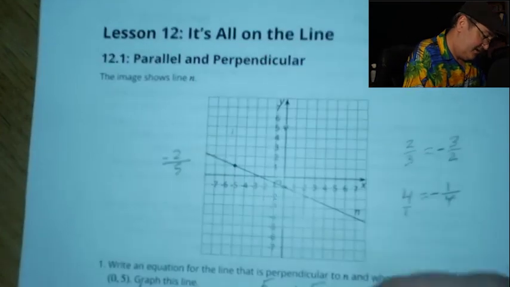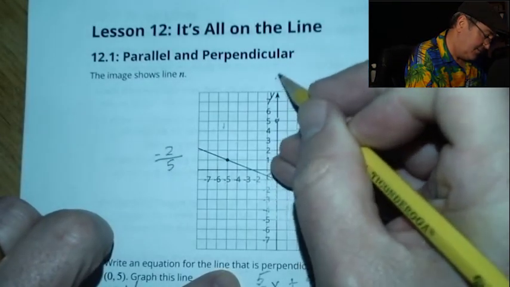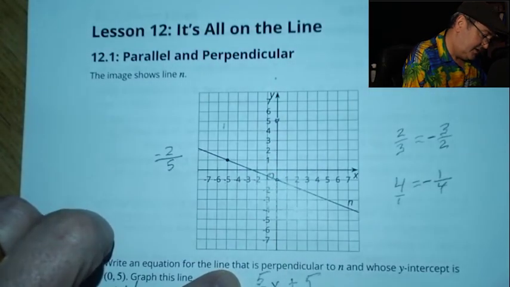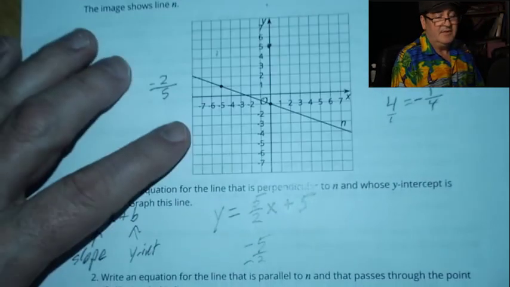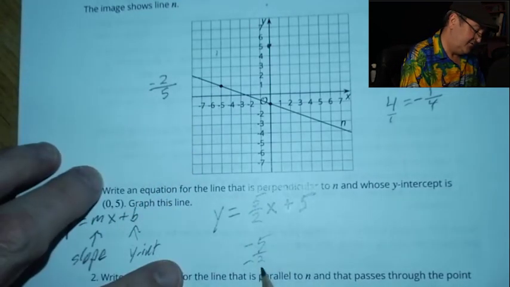Graphing that, we start at 5. It says to go up 5/2. Well, the problem is I can't go up 5 on my graph. So a positive slope of 5/2 could also be a -5 over a -2. -5 over -2 is also a positive number, because it's a negative divided by a negative.